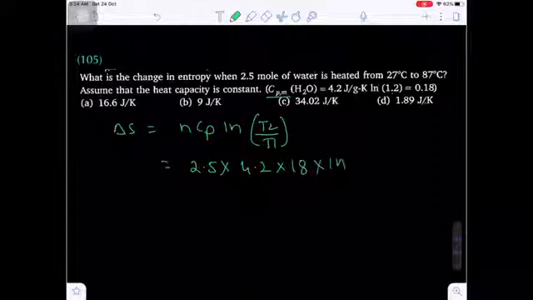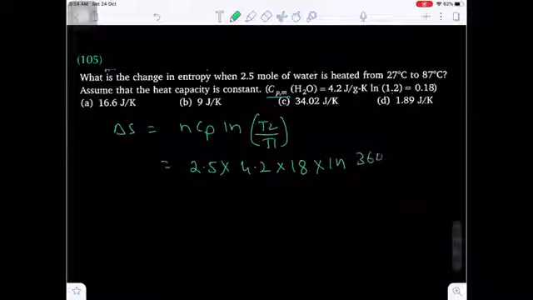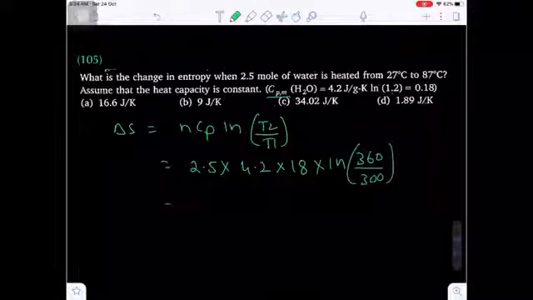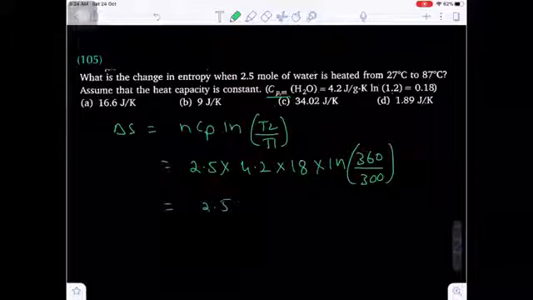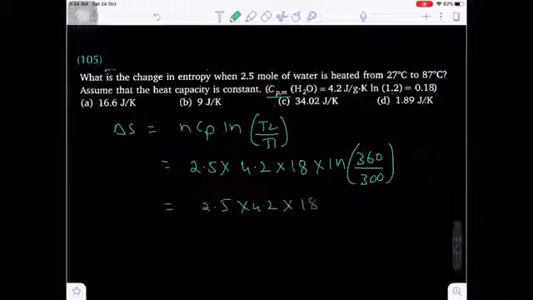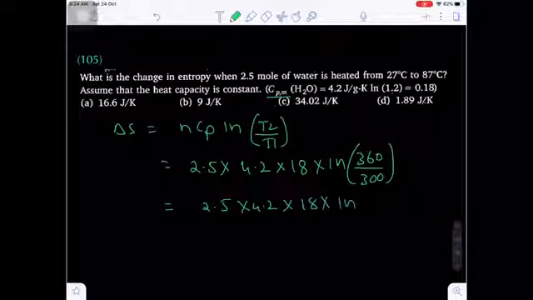What is the final temperature? 87 degrees in terms of Kelvin, 360, and initial temperature 27 in terms of Kelvin, that will be 300. Okay, so 2.5 into 4.2 into 18 into natural logarithm of 1.2.